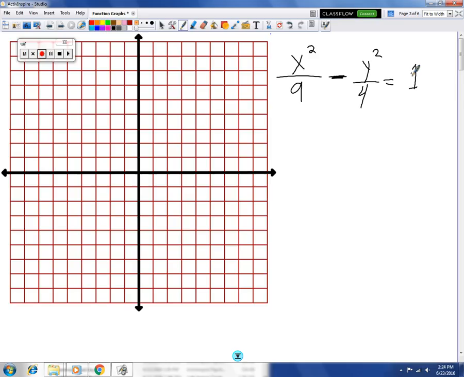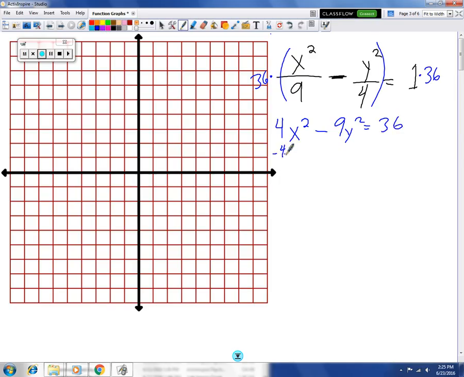This is not what I would actually do when you're graphing it, but I'm going to go through this and show you. The least common denominator of 4 and 9 is 36. So if I multiply both sides by 36, I get this. 36 divided by 9 is 4, so 4x squared minus, now 36 divided by 4 is 9, 9y squared equals 1 times 36, which is 36.